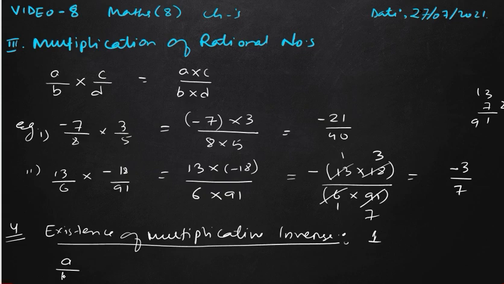Why? Because if we take any rational number and multiply it by 1, we get the same number. Either you multiply 1 on the left side or on the right, pre-multiply or post-multiply, the answer will be the same.